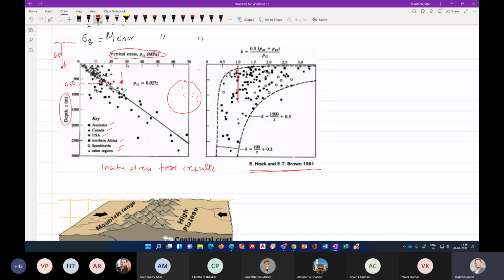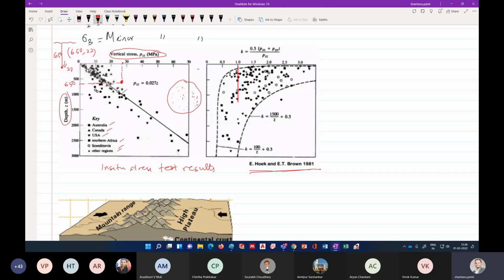Can anybody tell me? Guess what is this value here? Maybe around 27. Okay, very good. So you have a vertical stress of 27. So he plotted this, 650 by 27, as one data point, right? Similarly, he compiled all these data points from all around the world and put them in this figure.